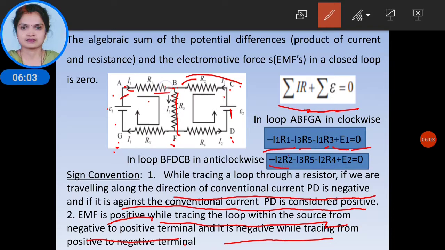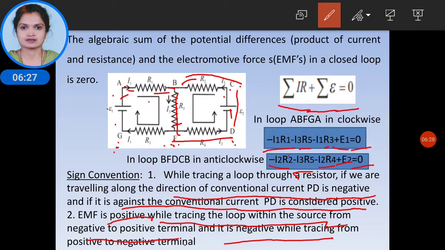For the branch B to F, the current direction is again conventional. So minus I3 R5. For F to D, the current direction is again conventional. So it is minus I2 R4. For the EMF, it is going from negative to positive terminal, so it is considered positive. Positive E2 is equal to 0.